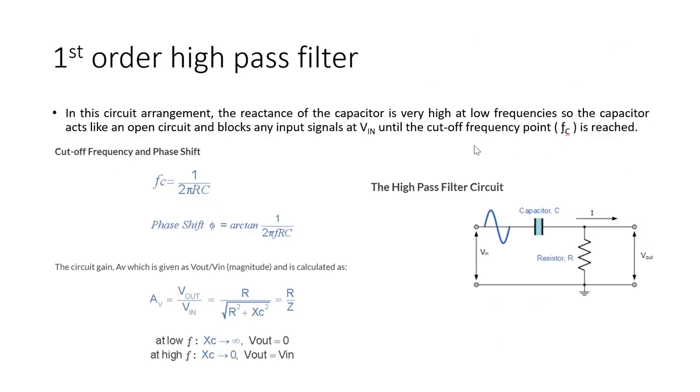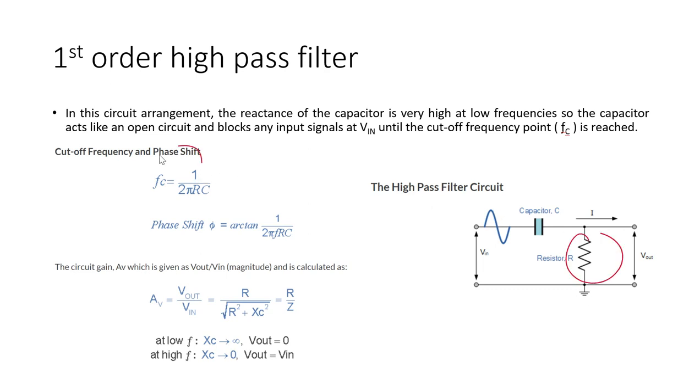The first order high pass filter has the same frequency equation as the low pass filter; the only difference is that its structure is different. We take the output from the resistance instead of the capacitor.